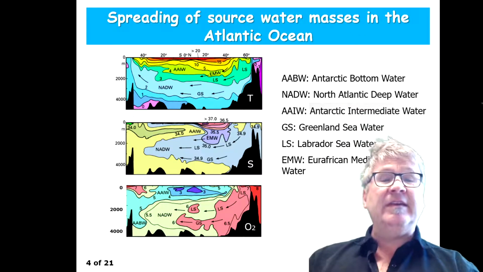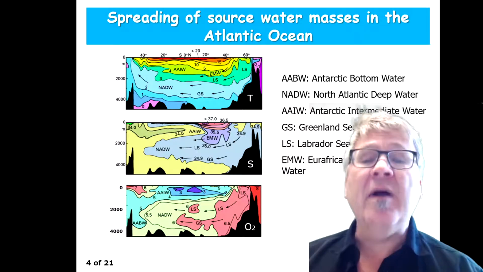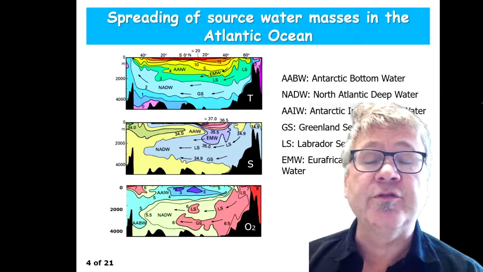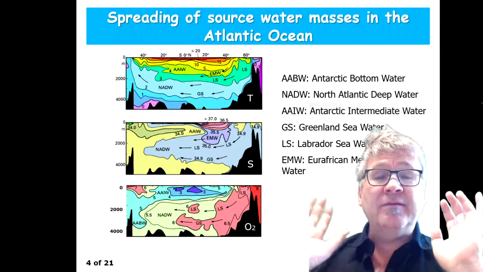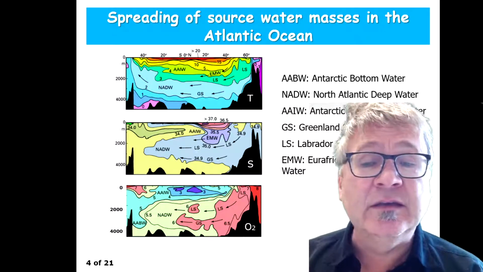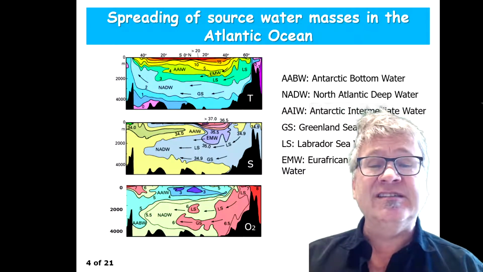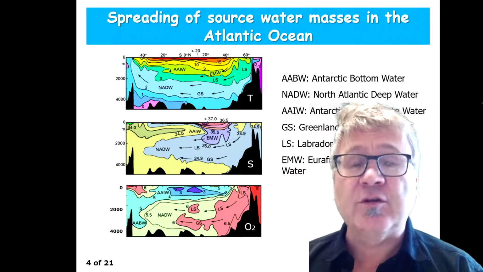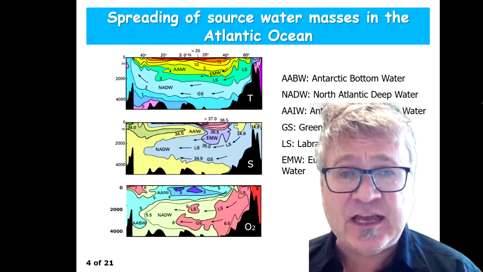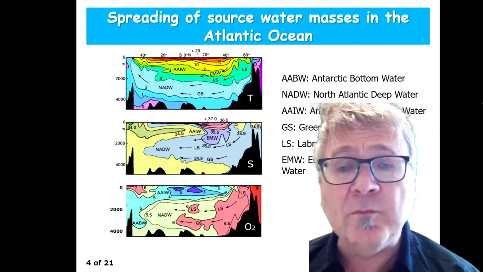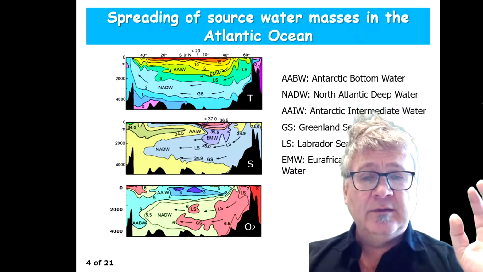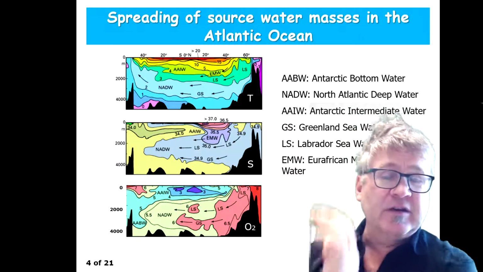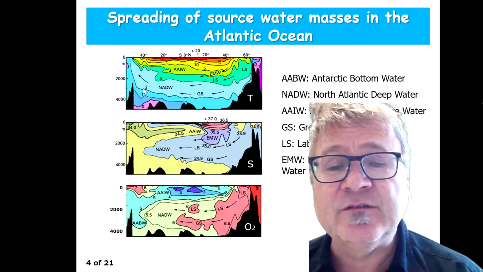So what can you see here? Just a little reminder. Look at the temperature distribution. What you can see are the regions, say, between 50 degrees south and 50 degrees north, where temperature controls the density stratification. The warm surface water keeps the temperature concentrated near the surface.